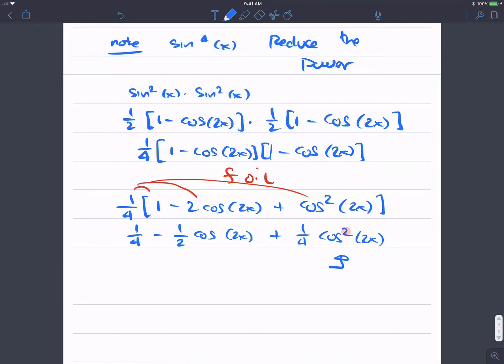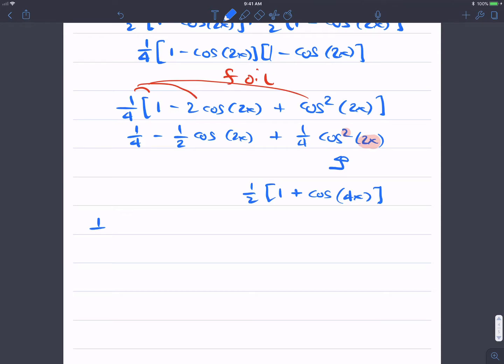So I'm going to replace this cosine squared 2x with 1/2 (1 plus cosine of double 2x). So here's what you really want to pay attention to: doubling 2x gives you now 4x. So that's a 4x.